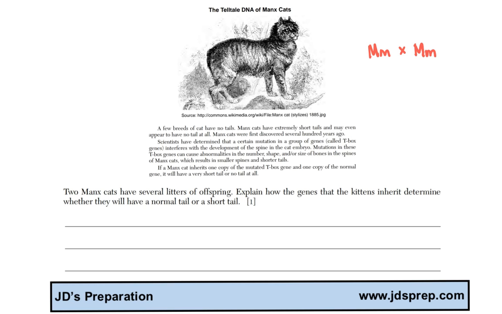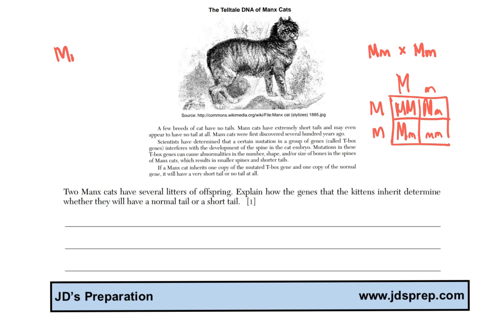Let's look at what this Punnett square would look like. Recall that big M, little m represents a Manx cat.